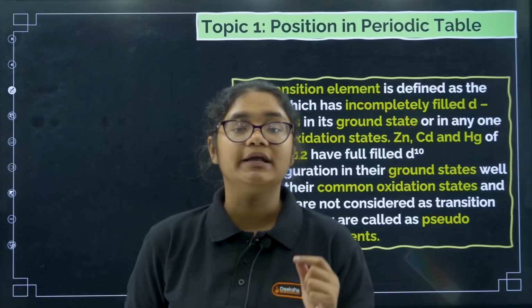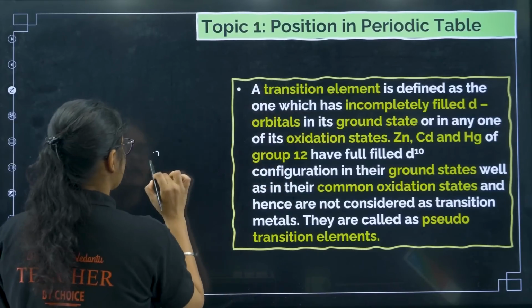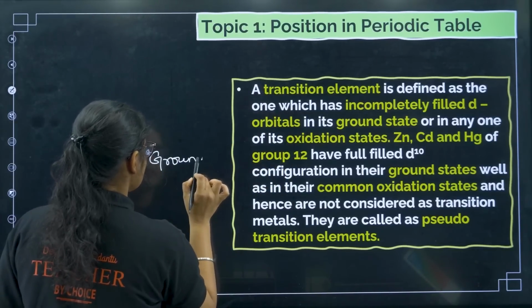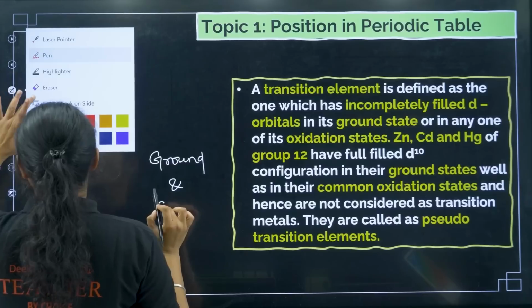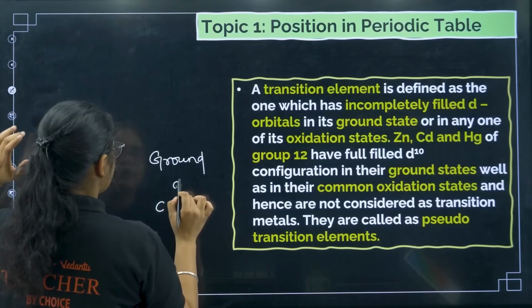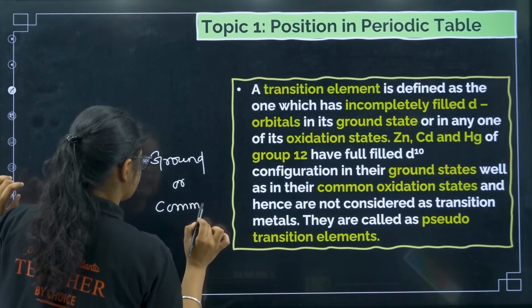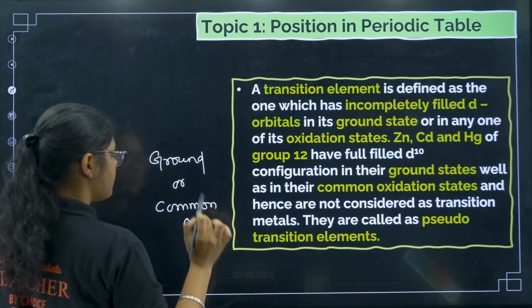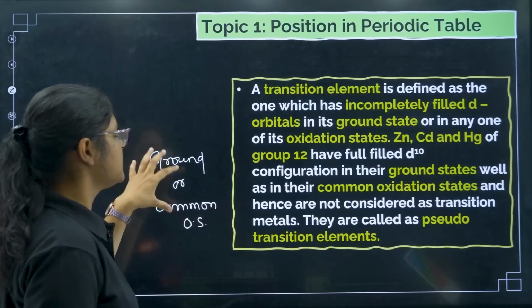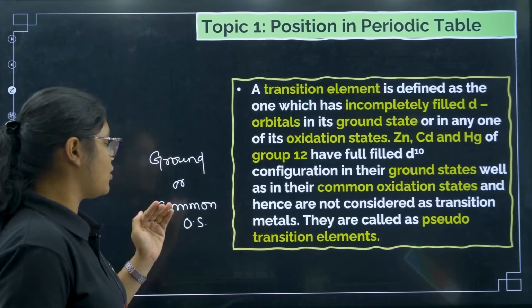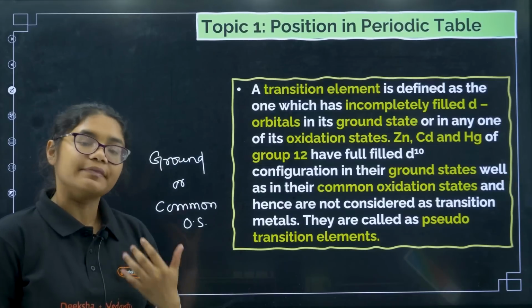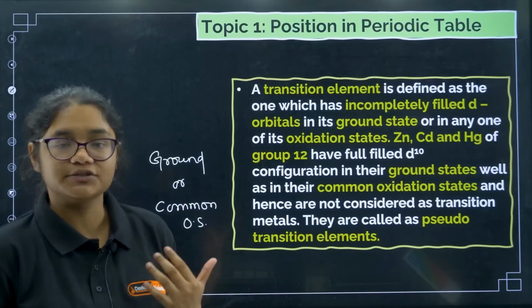It should not be holding 10 electrons in its ground state, or in its common oxidation state. So if there is no completely filled d orbital in the ground state or in the common oxidation state, then we will call it a transition element.